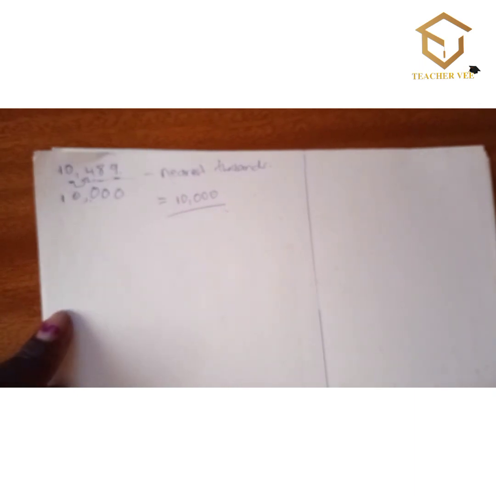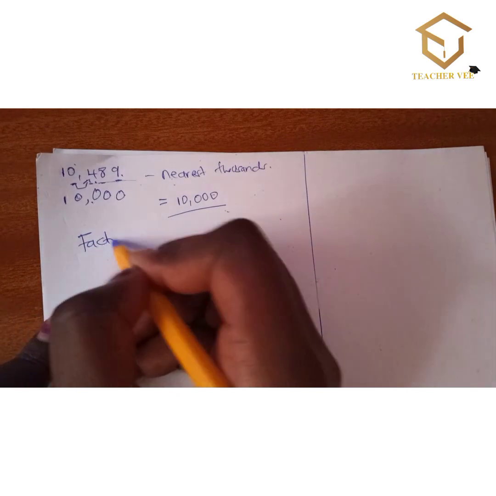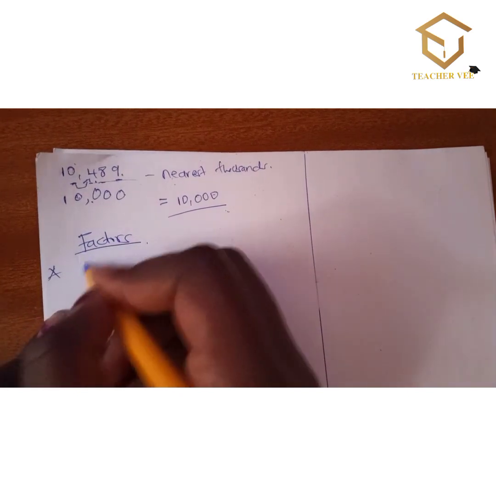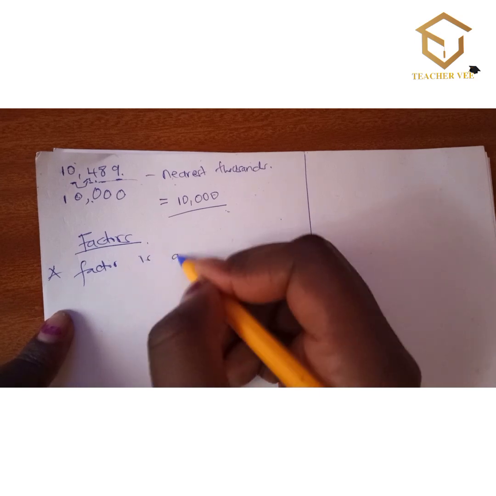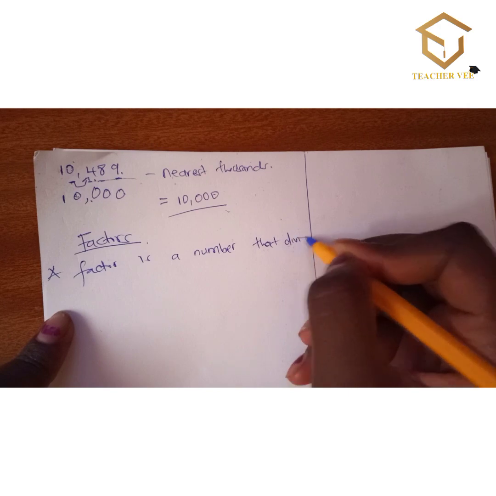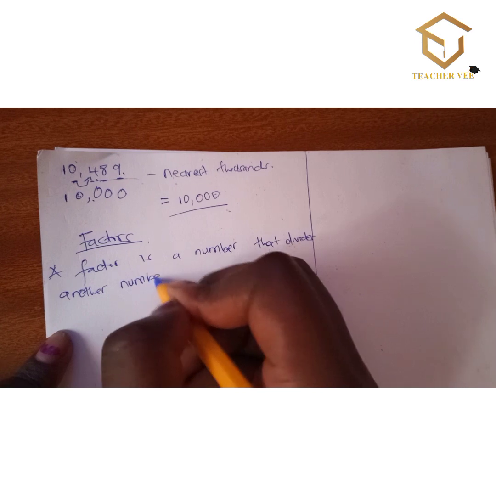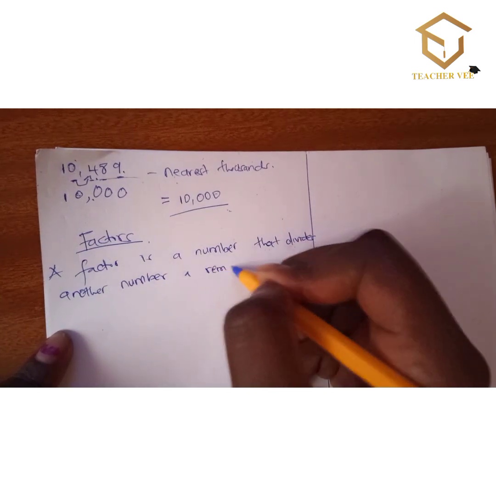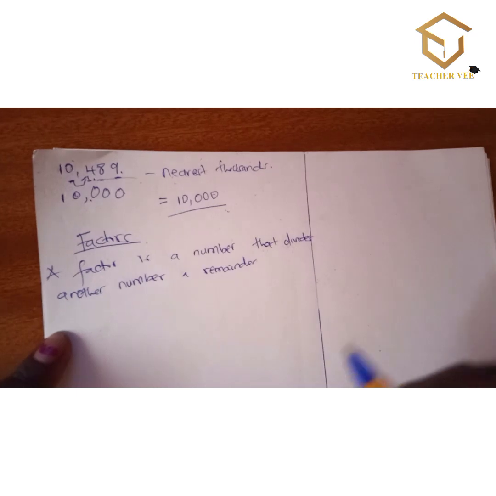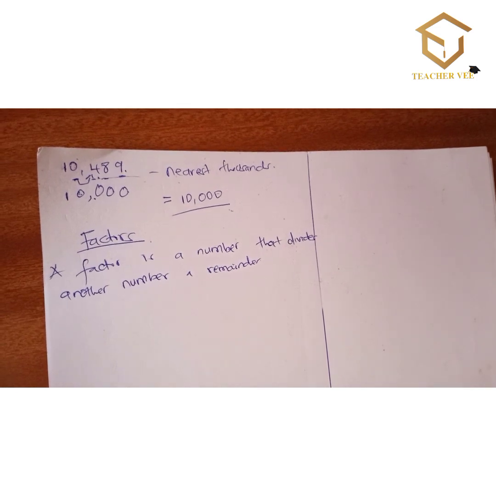Without further ado, let's dip into our next topic, that's factors. A factor is a number that divides another number without a remainder. So meaning this smaller number is supposed to divide this bigger number without even leaving a remainder.